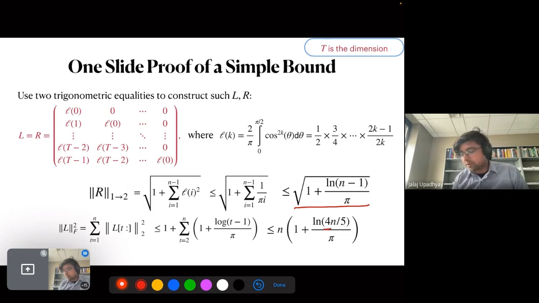There is 4n by 5 because I have not explicitly stated how some terms come differently when I do the harmonic sum. So for everyone, you can think of it as ln by pi. So this is a one-slide proof for the upper bound. The upper bound is what is in the SODA paper.